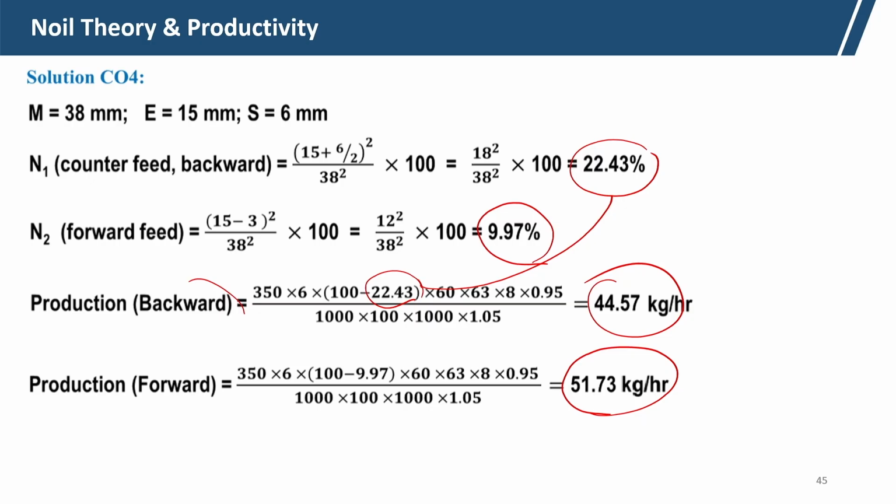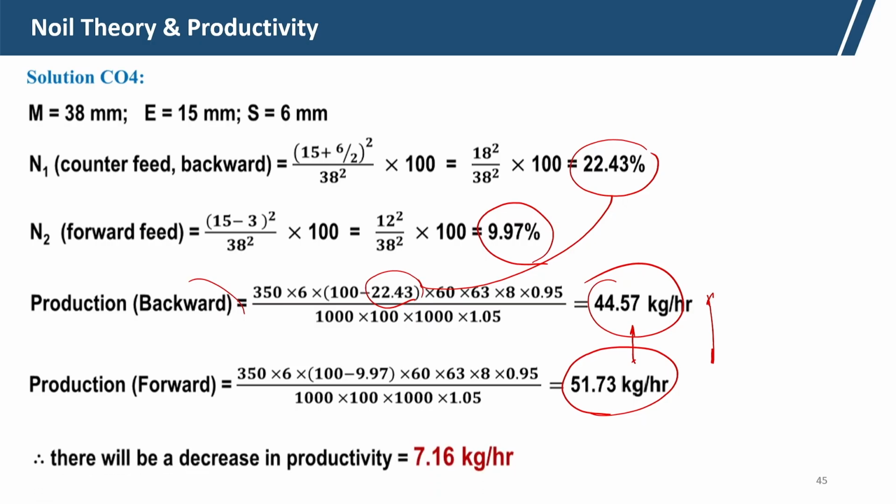So, these are the values, 51.73 minus 44.57. So, during the change of type of feed, the productivity is changed in this fashion. So, the total productivity is decreased by 7.16 kg per hour.